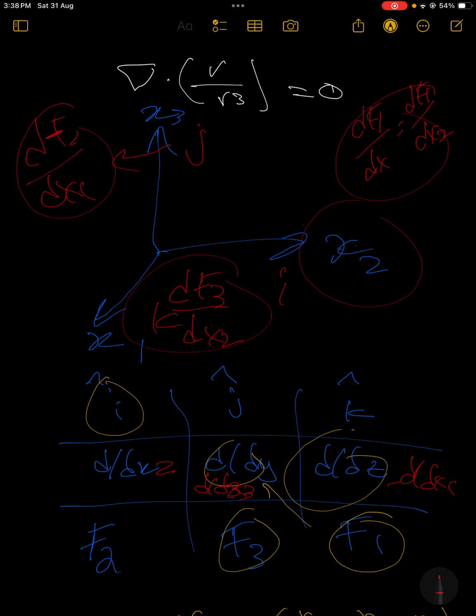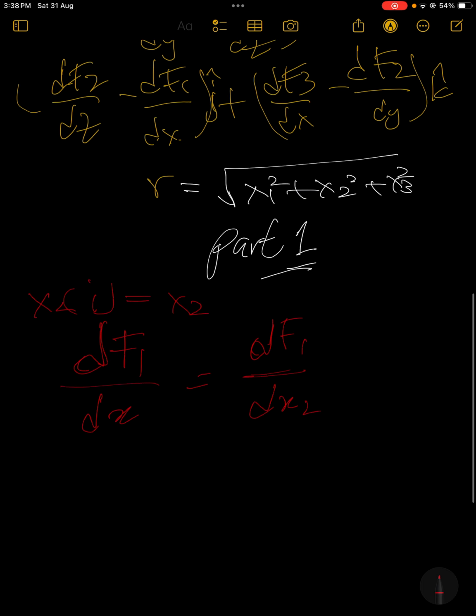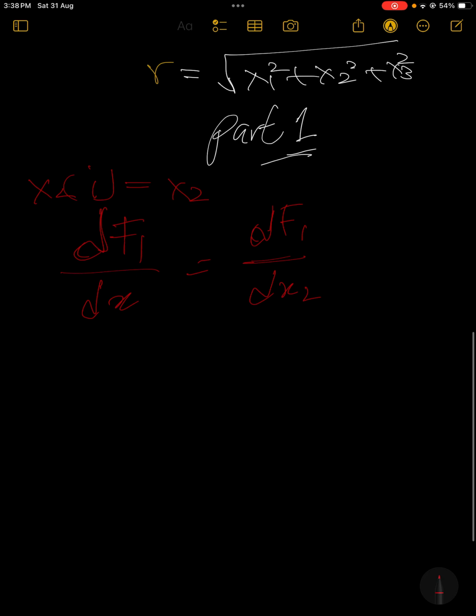And that's how it goes. Everyone has their own way, so that's my own way. I'm actually making several types of ways to solve this problem. So that's why I made df1 divided by dx equals df1 divided by dx2 for the i coordinate, which is the x2.